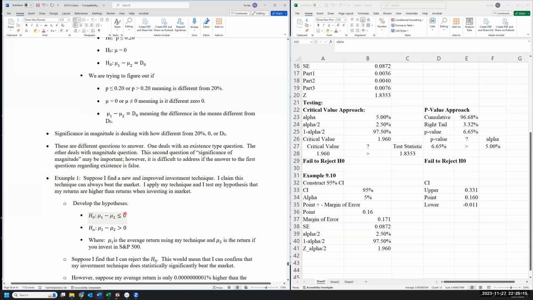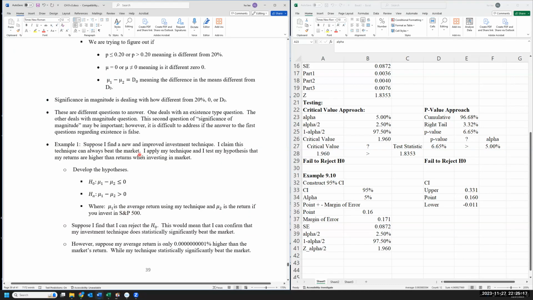Okay. For example, suppose I find a new and improved investment technique. I claim that the technique can always beat the market. I apply my technique and I test my hypothesis, and my returns are higher than the returns when investing in the market portfolio, the S&P 500. So I develop a hypothesis. Mu1 minus mu2 is less than or equal to 0.